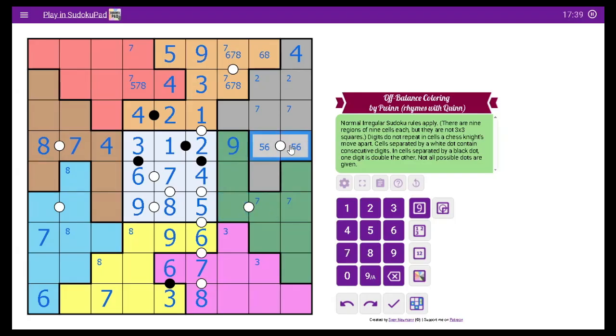5, 6. Do 9. Okay, this is kind of interesting. I'm looking at where does 8 go in this row. Well, it can't go here, obviously, or here, so it's in one of three positions, but it's not able to go there because it would rule out 8 from this entire box.